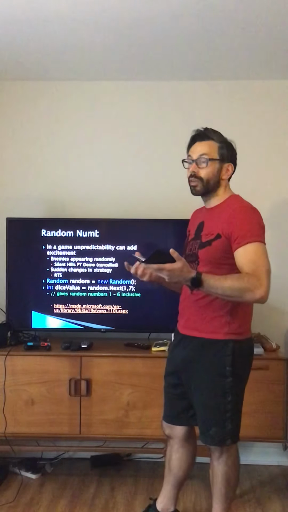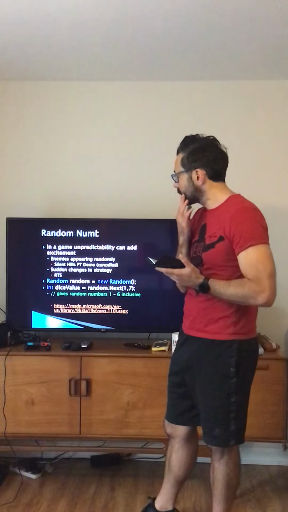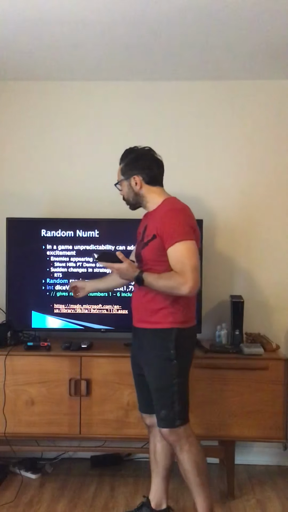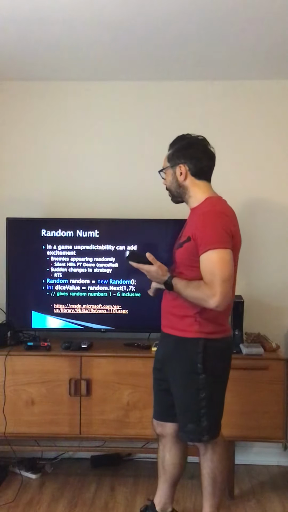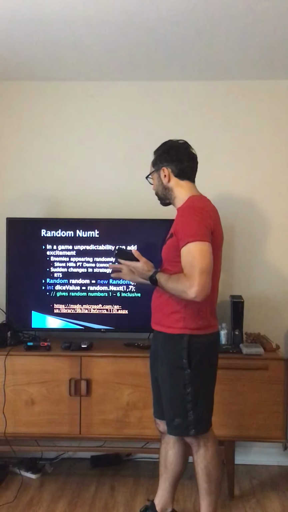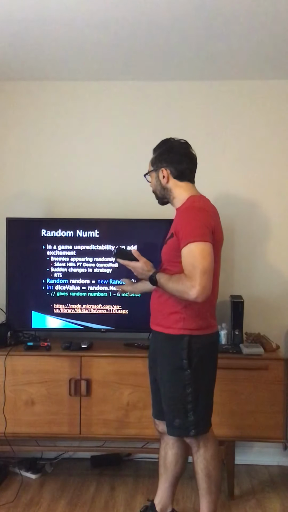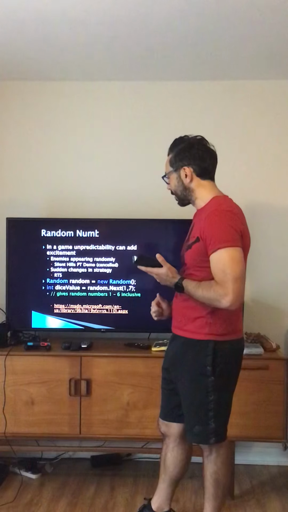The .next generates a random number, not as random as you might think, to be perfectly honest. So that's an integer dice value, and you're trying to fire back a random integer within those particular parameters of 1 and 7.